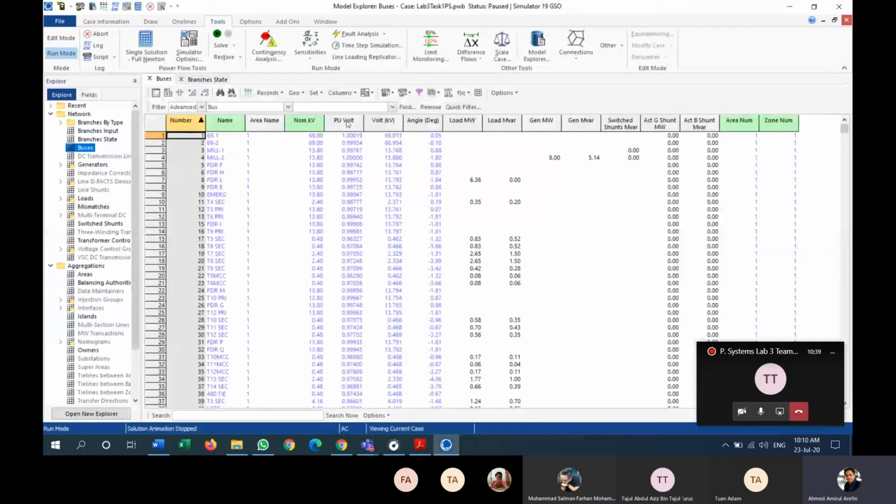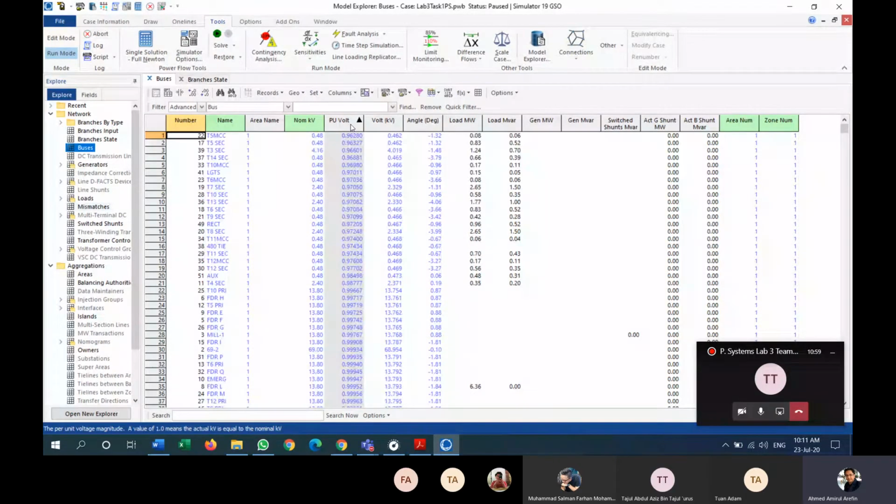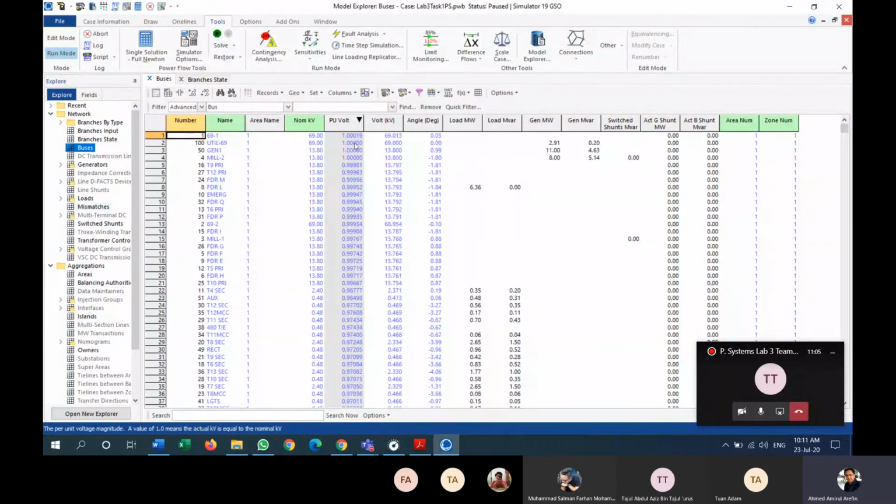It means the per unit values should not be less than 0.95. Those are all the buses, and those are the per unit values. This is the lowest one and this is the highest one.